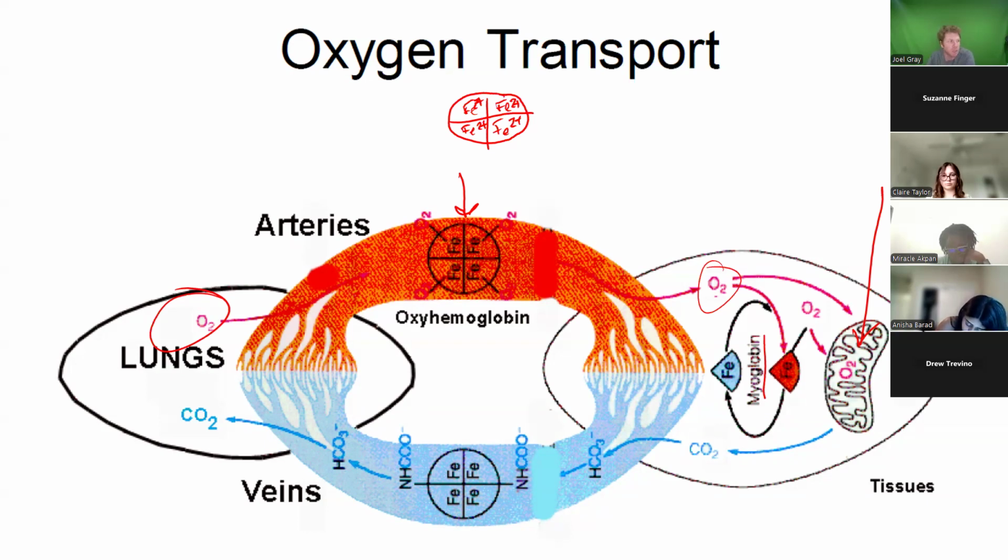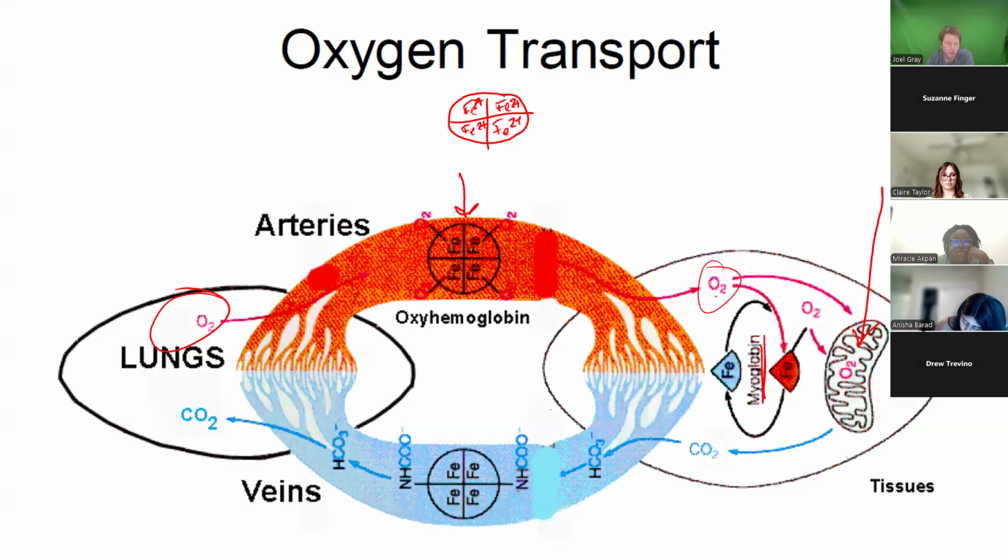We want oxygen to be deposited to the mitochondria. We want a protein, myoglobin, to act as a storage molecule within the cells or within the tissues so that it can hold on to a little bit of oxygen. So when it's needed, it can release some oxygen. But we don't want to overwhelm the cell with oxygen. Oxygen is not super soluble in a solution.